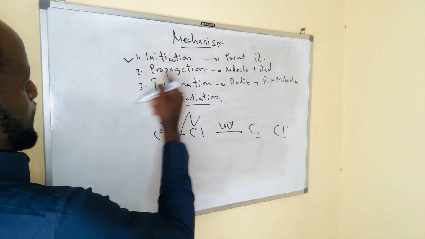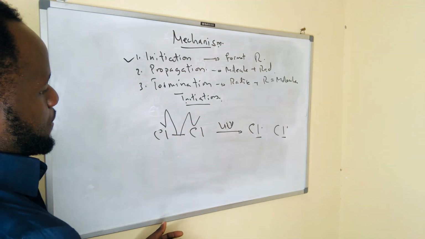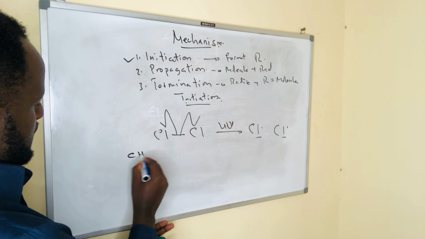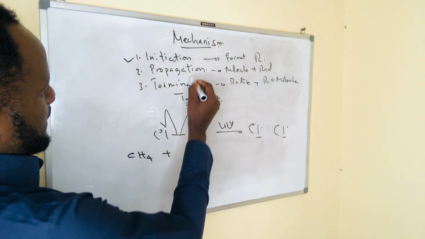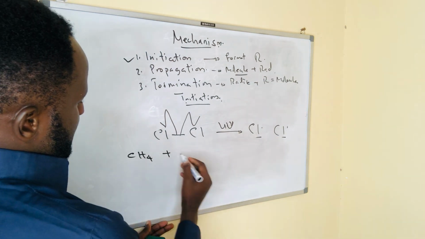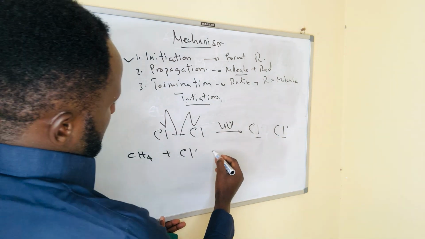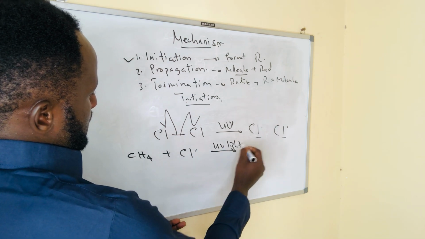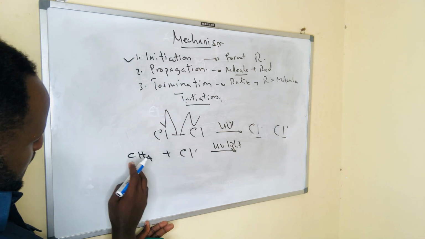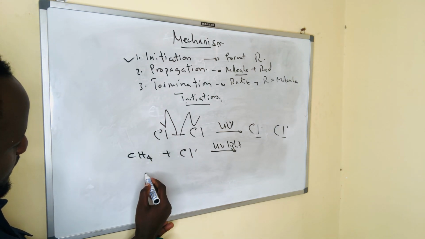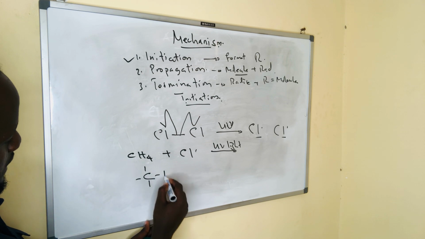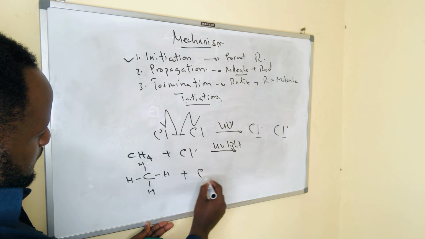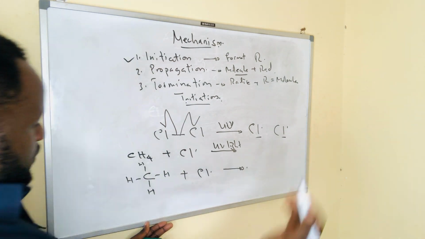So now we go to the propagation step. It is where you are going to react alkane, like this one, plus, we said it is a molecule plus radical, so you take a radical, which is chlorine radical, and then we put UV light. So we can write this alkane in open form, like, so hydrogen, plus a radical. What will happen?